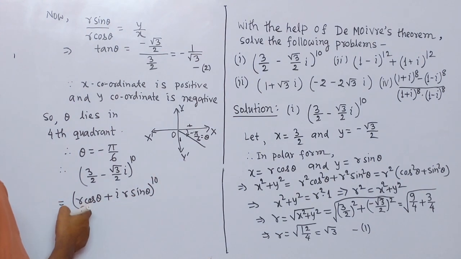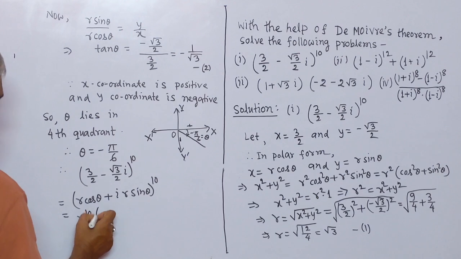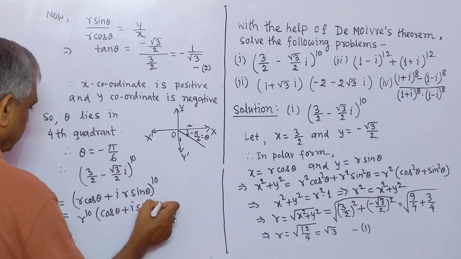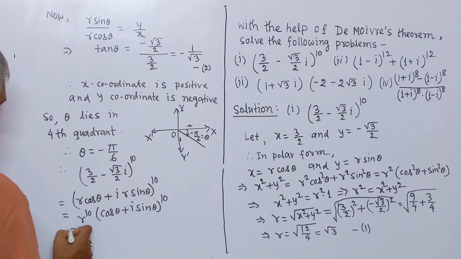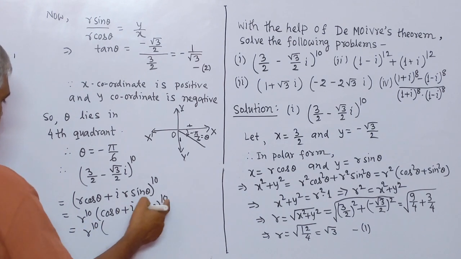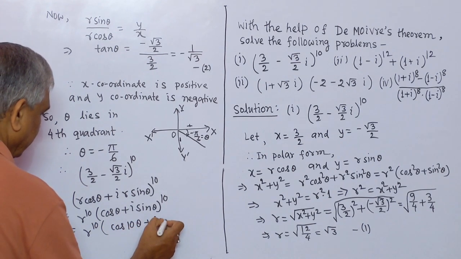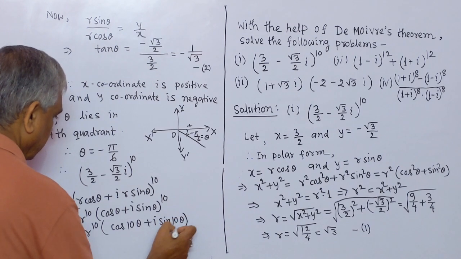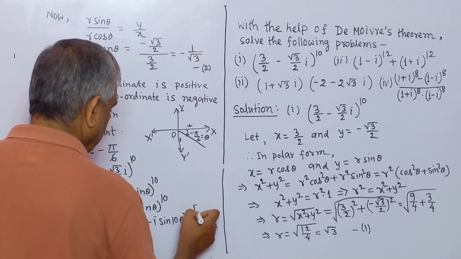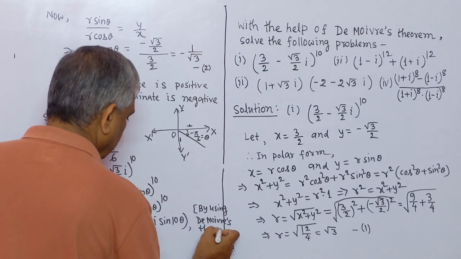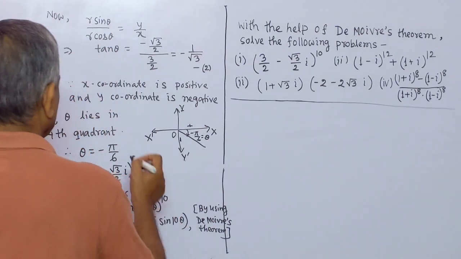R is taken as common and then we take it outside, meaning r to the power 10 times cos theta plus i sin theta to the power 10, and this equals r to the power 10 times cos 10 theta plus i sin 10 theta by using De Moivre's theorem. This is number 3.